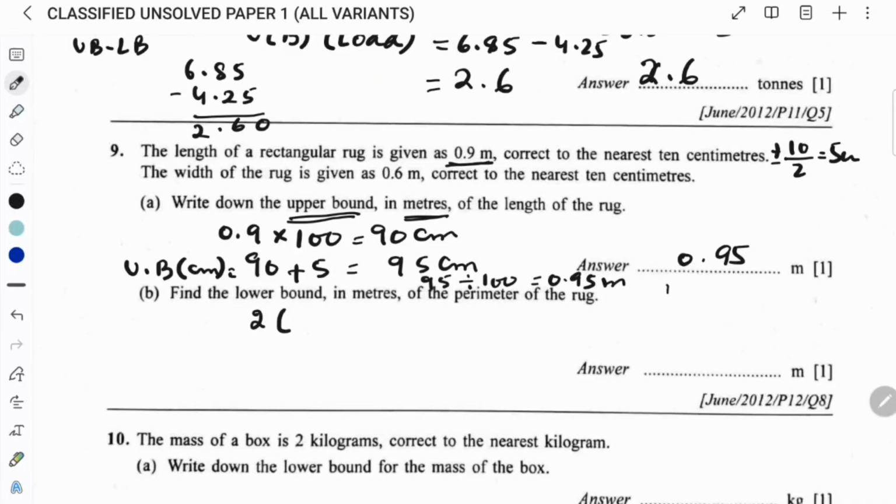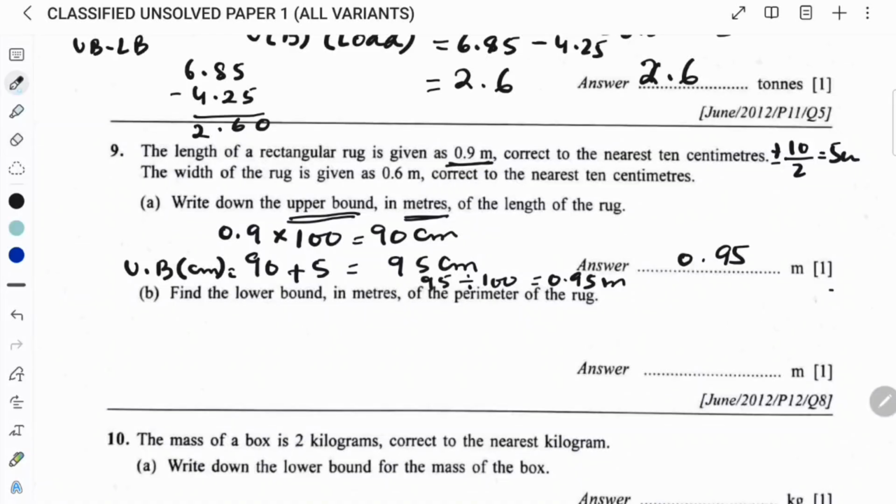So 90 centimeters minus 5 centimeters is 85 centimeters. And the other one, you have 0.6 meters, which means 60 centimeters. 60 centimeters minus 5 is 55. I'm writing down everything here.